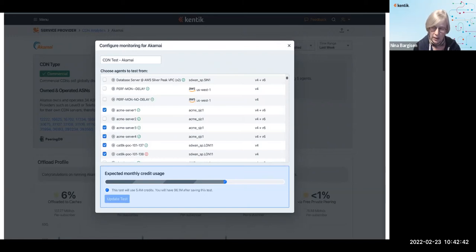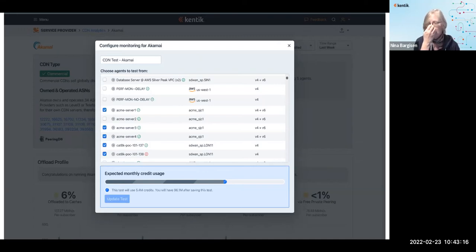So you can then set up tests from locations inside your network using private agents that we can provide for you, and then test on the particular addresses of the content network that you can see in your flow analysis that is serving your customers. Or you can actually let Kentik help, and they will suggest which addresses are the most important to monitor.